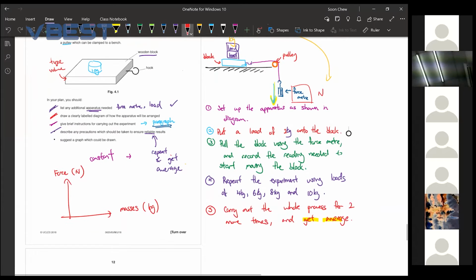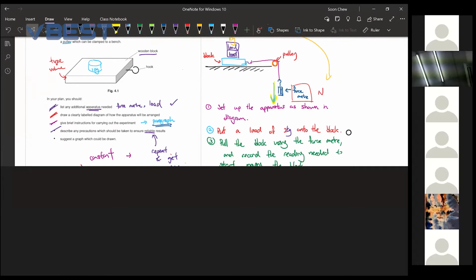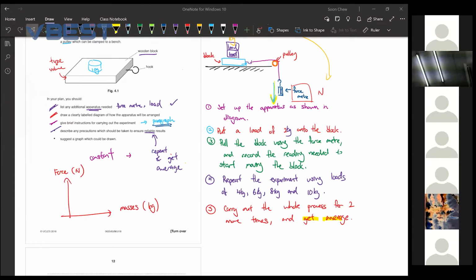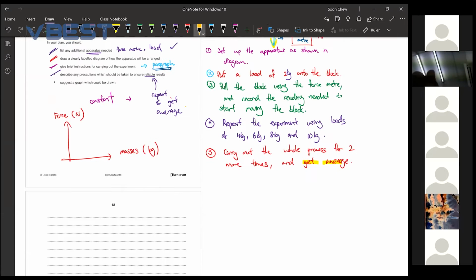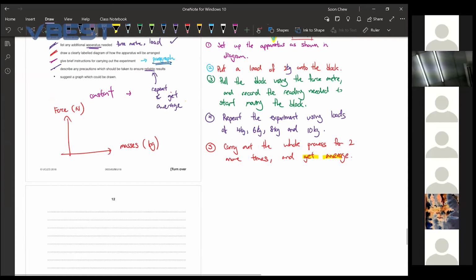Okay. Now in a lot of cases, they would ask you to show a table or so. If they didn't say draw a table, you don't need to. But if they ask you to draw a table, you just sketch roughly how your table will look. So in this case, I only have a few readings.